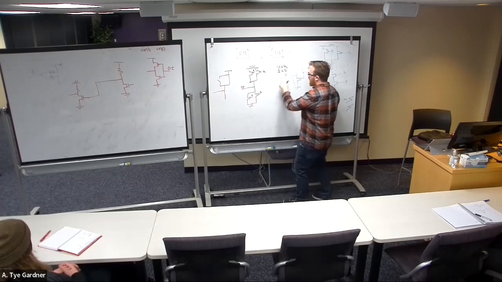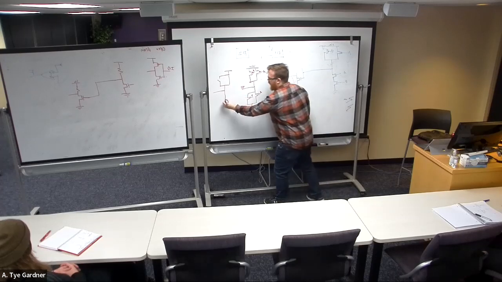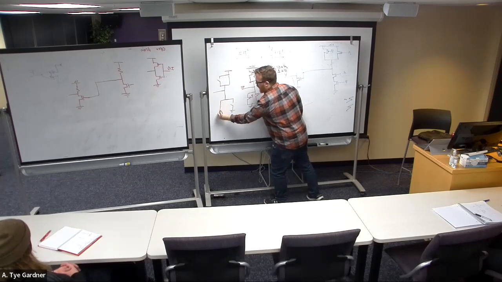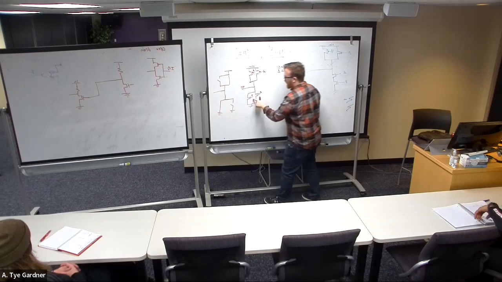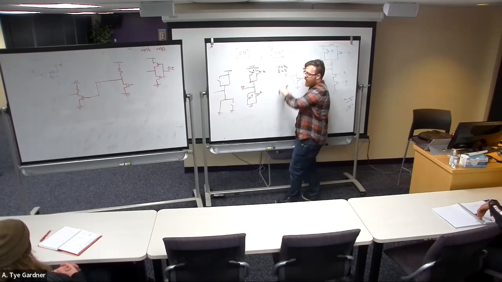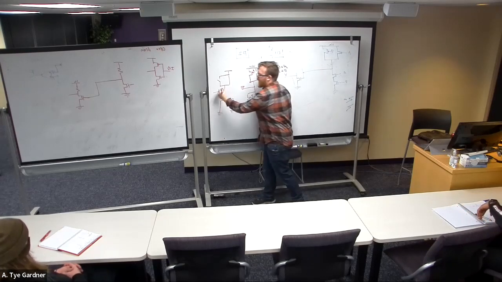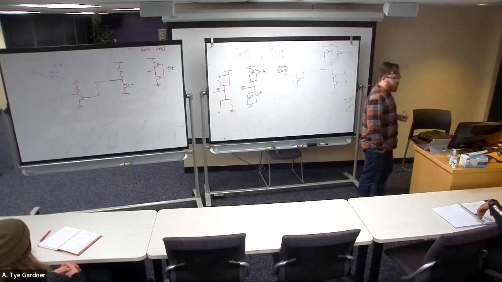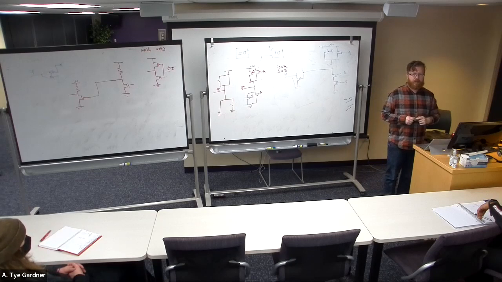A is 0, so this branch is open, and that branch is closed because B is 1. So what is my output Z? Definitely 0.